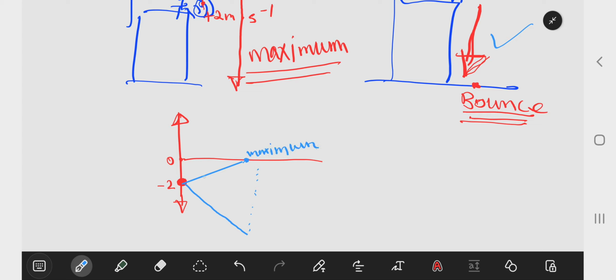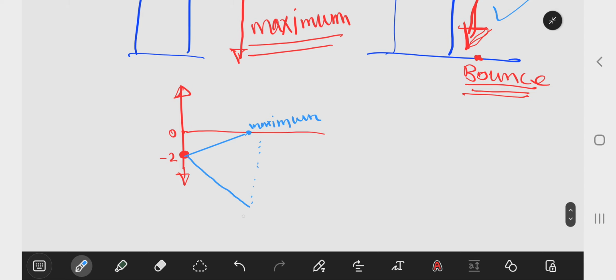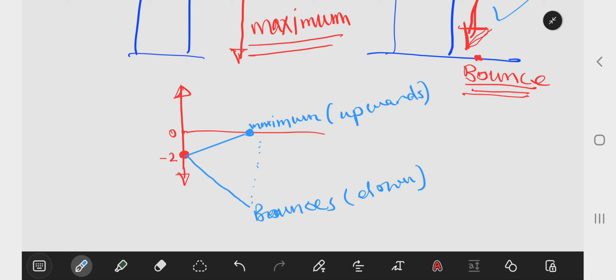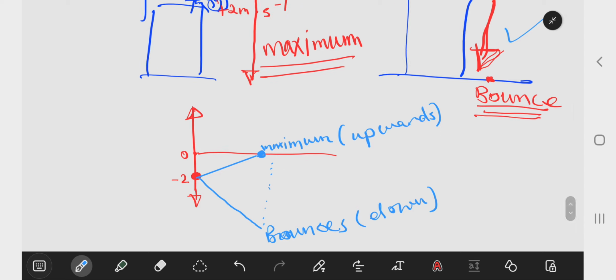So it means this ball was thrown upwards. So if you throw it and it bounces first, then it was thrown downwards. And if you throw it and it reaches a maximum height like that, then it was thrown upwards, right?